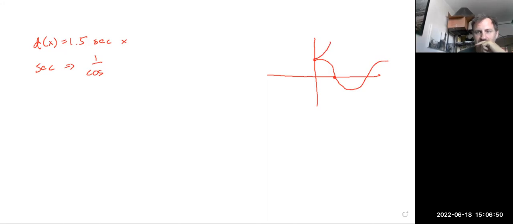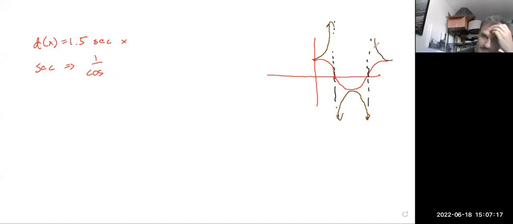Let me use a different color for secant. So every time I have a 0, I'm going to get an asymptote. And then I'm going to have these little U shapes coming down here.